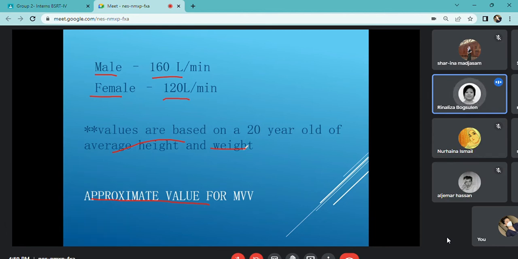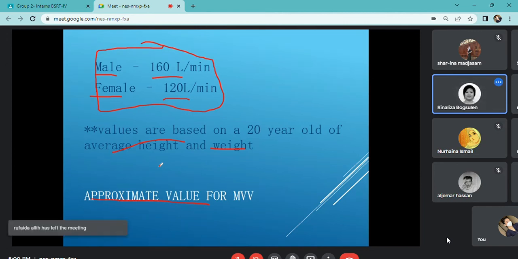Even though we give normal values, that is for the sake of your exam, for you to base on. If you are going to calculate, it varies based on your age, your height, and of course your ethnicity. That is always the case, because that is where we base the calculation.